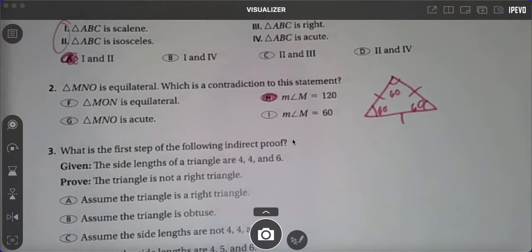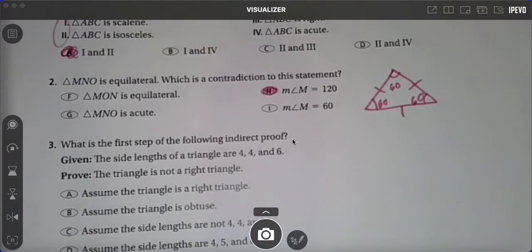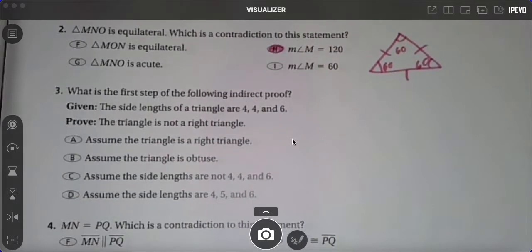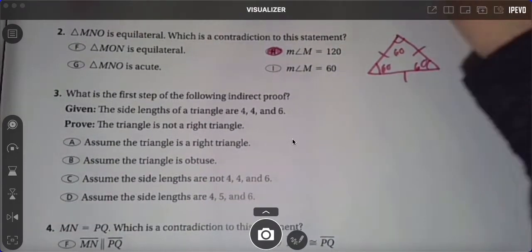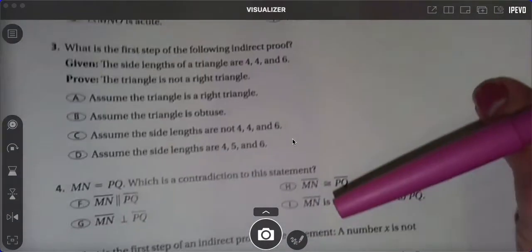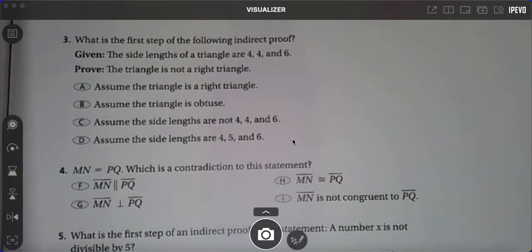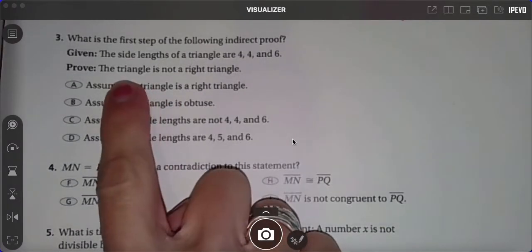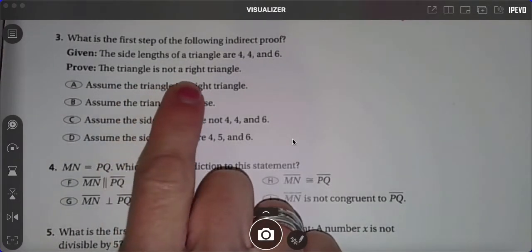Okay, number 3. What's the first step in solving an indirect proof? We always start with, oops, I touched this cord. No, I can handle this. Assume temporarily the opposite of what you're trying to prove. We're trying to prove the triangle is not a right triangle.